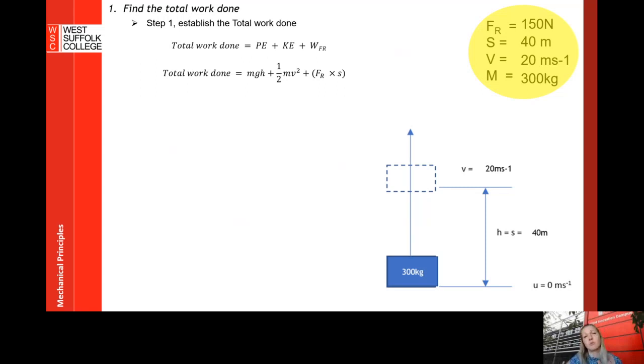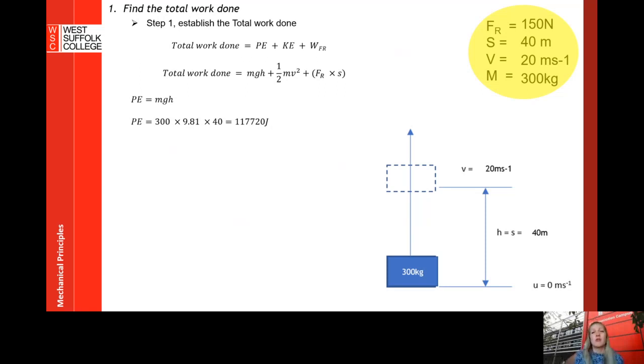So the first section of our work done equation is potential energy. Now, looking at that potential energy equation in depth, we have got our mass times our gravity times our height. Now, we know our mass because it's 300 kilograms. We know gravity, guys, because I hope you remember that is 9.81.